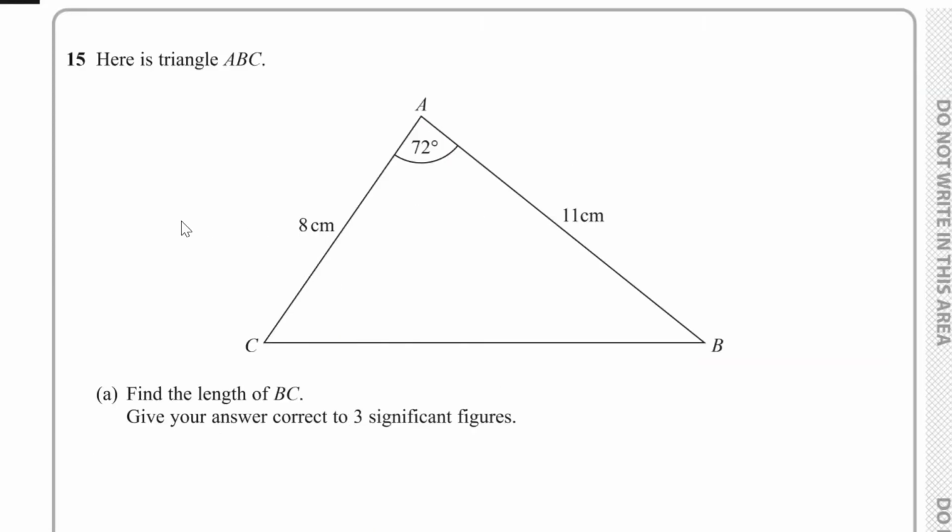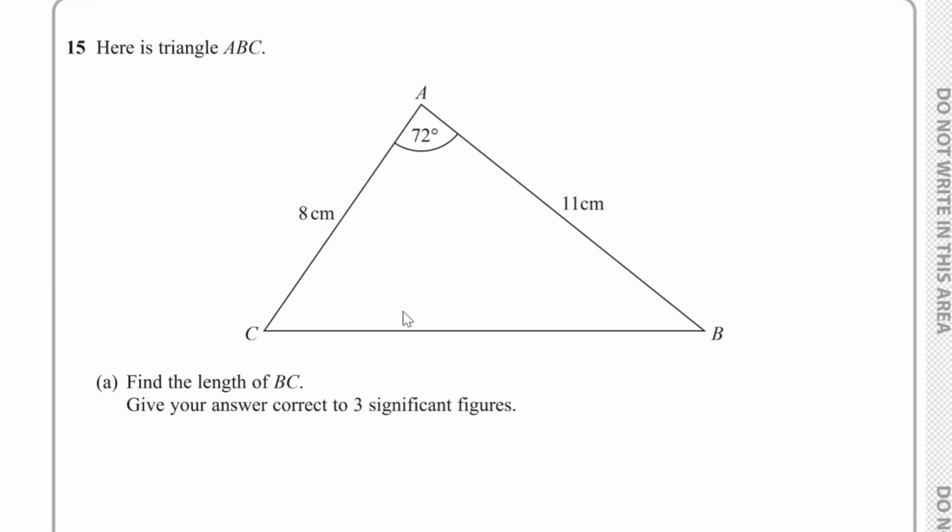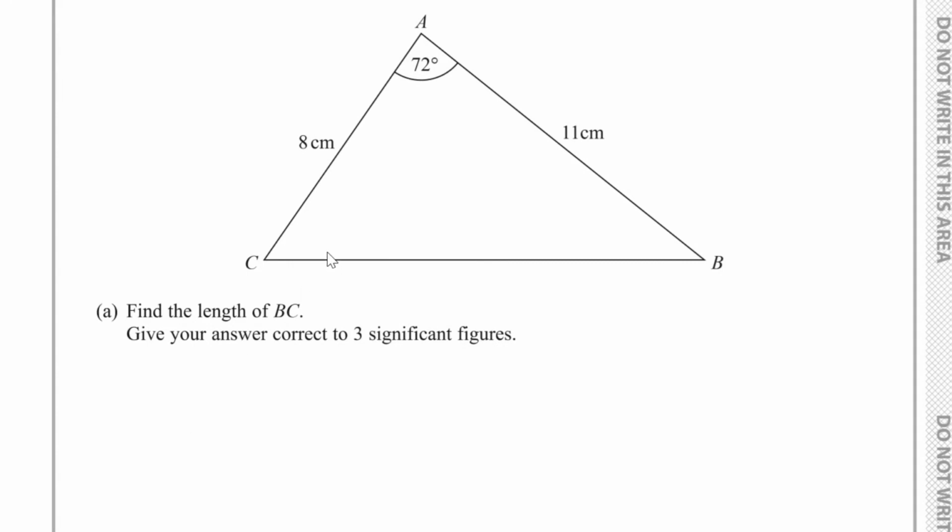Question number 15, here is a triangle ABC. We've got AC being 8 centimeters and AB being 11 centimeters, and the included angle CAB is 72 degrees. For part A, we have to find the length of BC to 3 significant figures.